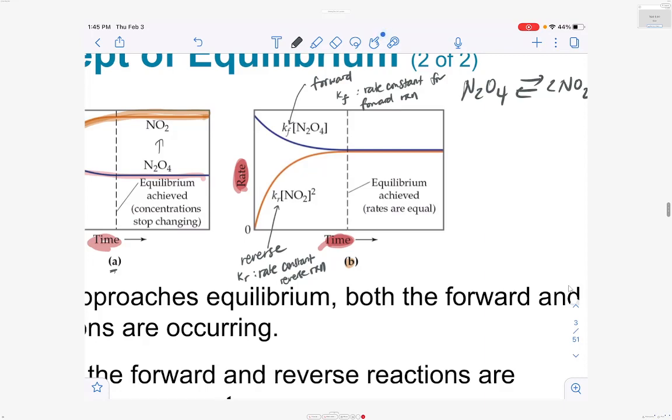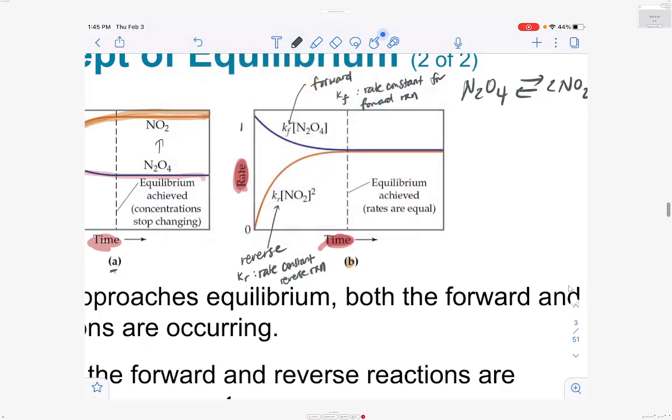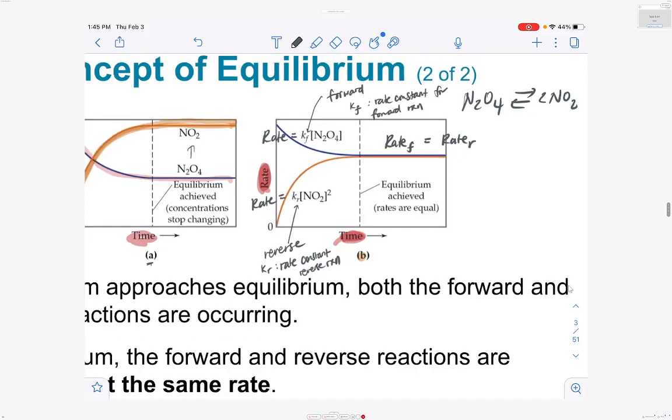And as you can see, this is the rate law for the forward reaction, and this is the rate law for the reverse reaction. And as time goes by, once equilibrium is reached, the rate of the forward reaction equals the rate of the reverse reaction.